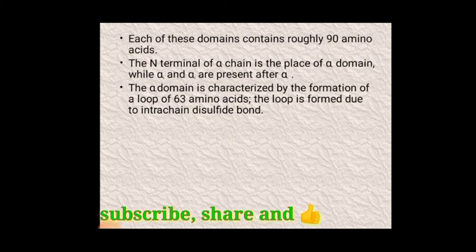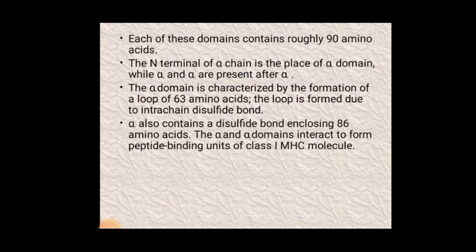The alpha 2 domain is characterized by the formation of a loop of 63 amino acids, and the loop is formed due to an intra-chain disulfide bond. The alpha 3 domain also contains disulfide bonds enclosing about 86 amino acids, and the alpha 1 and alpha 2 domains interact to form a peptide binding cleft, which is the binding site for the antigen.